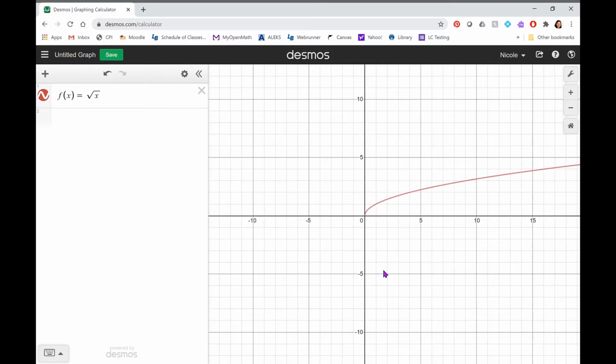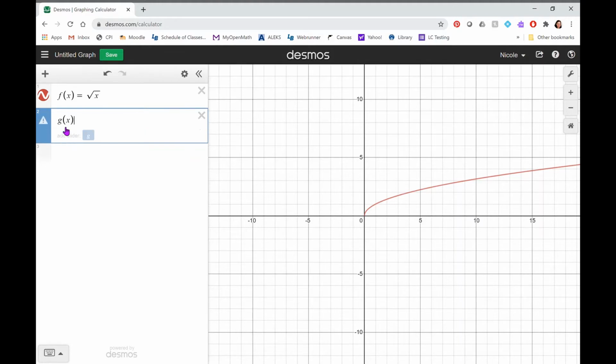All right, so we wanted to compare this to a different function, g of x equals the square root of x, SQRT x. I don't need parentheses. Now to make sure, if I just type plus 2 now, I'm still under the square root sign. I don't want that. So I hit the right arrow, which gets me out from under the square root sign, and then I type plus 2. And there we are.